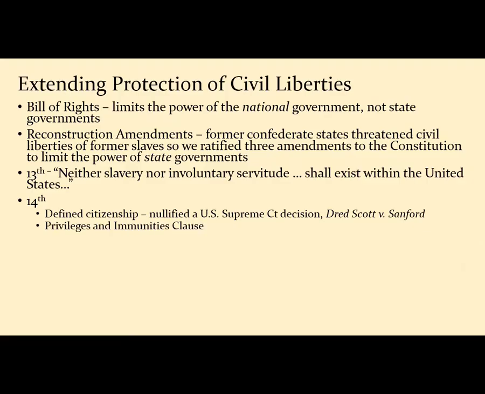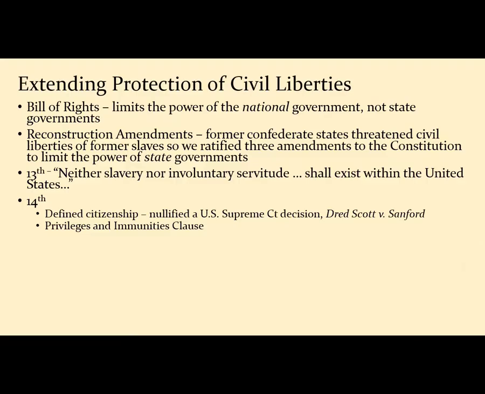The 14th Amendment goes further in including a privileges and immunities clause. I mentioned this just a second ago when I was talking about limitations on state power that are found within the original Constitution. In the 14th Amendment, we carry that forward, and it says state governments have to treat citizens of other states the same way they treat citizens of their own state.